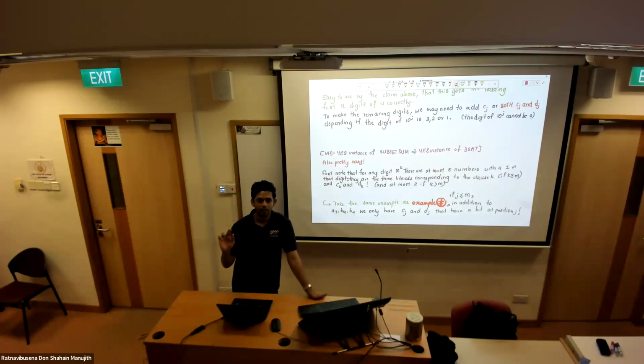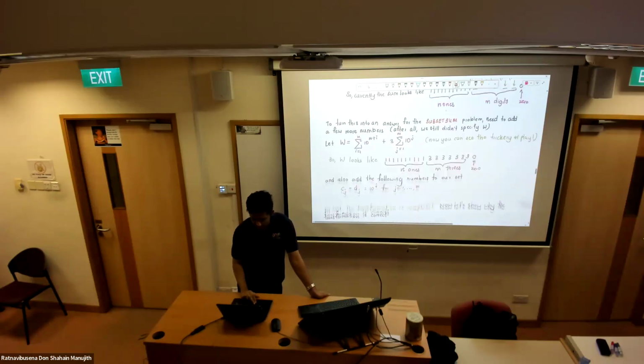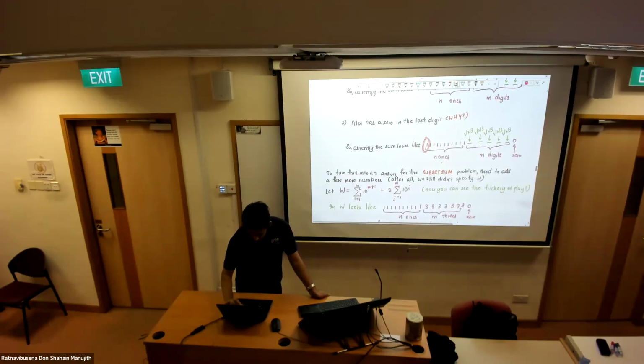Why? For the first n digits, how many numbers have 1 in the position? Let's say I consider this position. Out of the AIs and BIs and the CJs and DJs, how many numbers have 1 in that position?